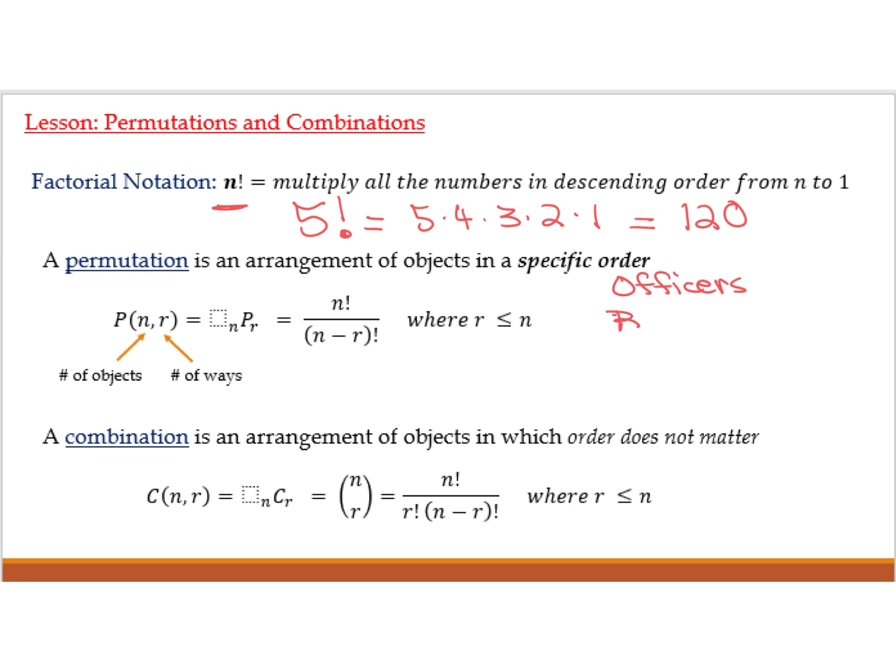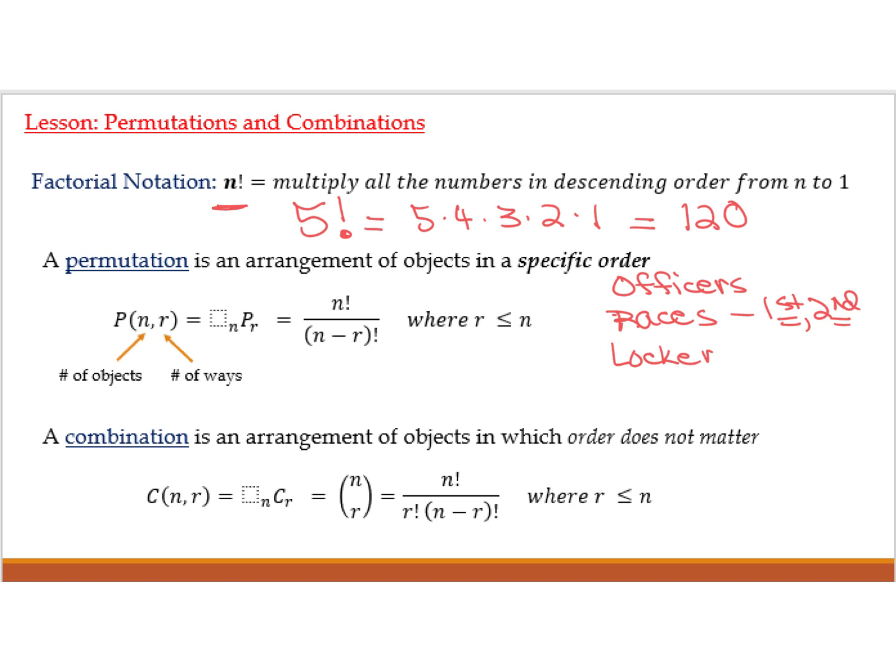If you have races, and you have first, second, third place, that is going to be a permutation. If you had a locker combination, that is a permutation because order matters.